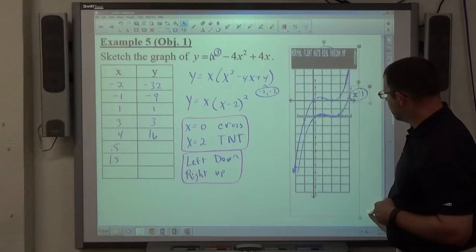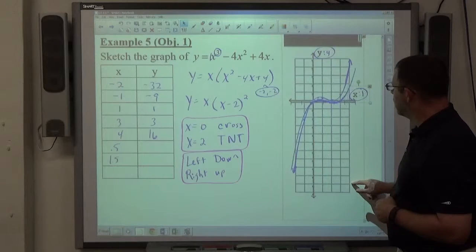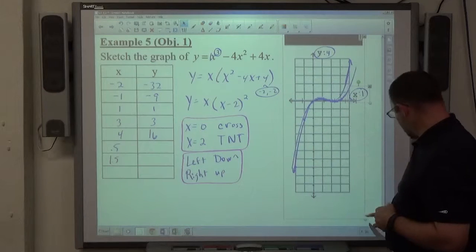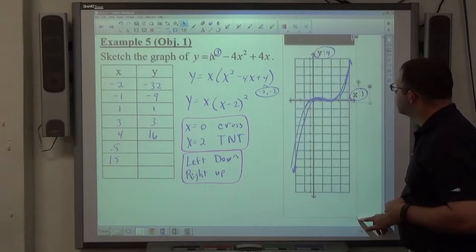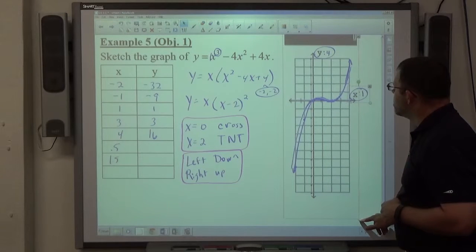Need to get the scale kind of the same here, getting closer. That's pretty close. I want my dashes to be in the same spot. That's pretty good there.